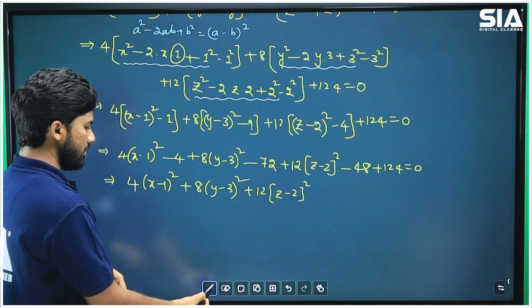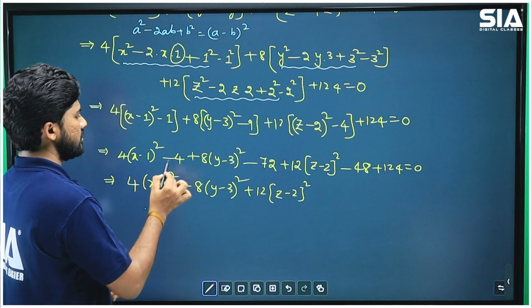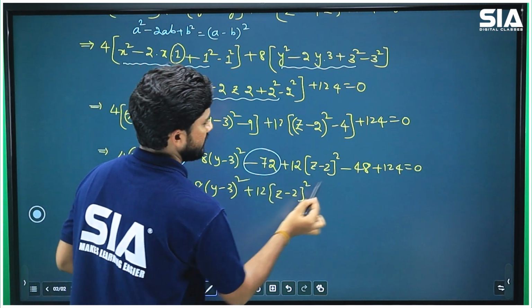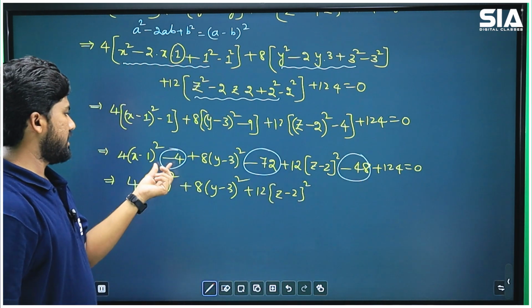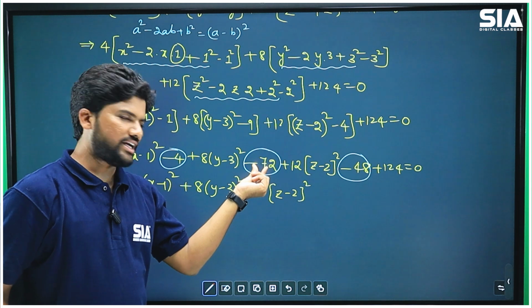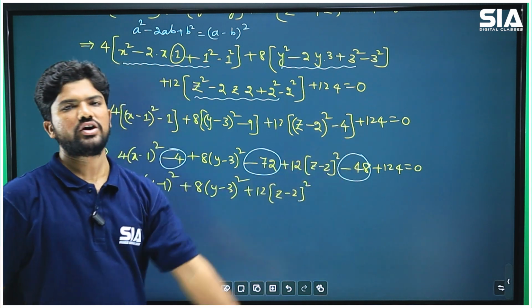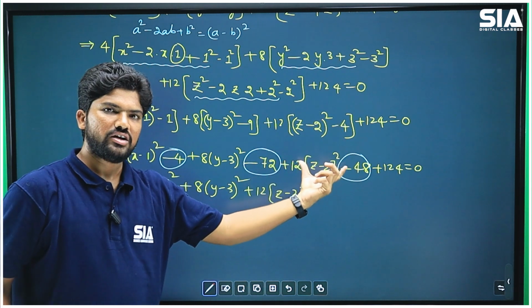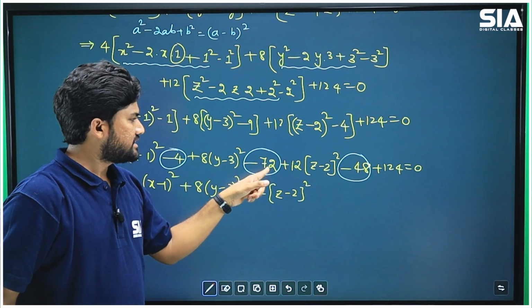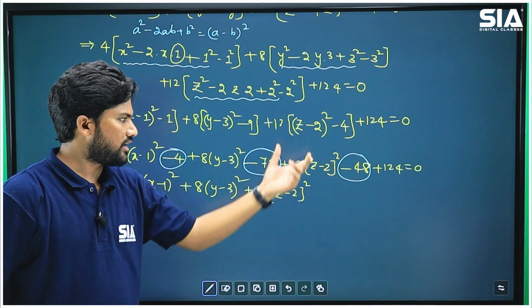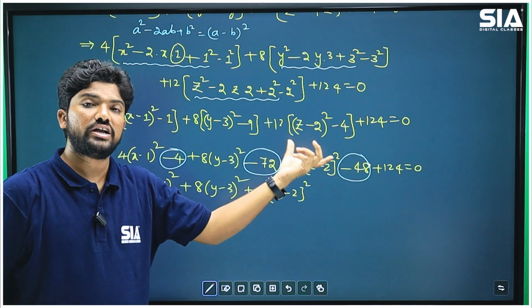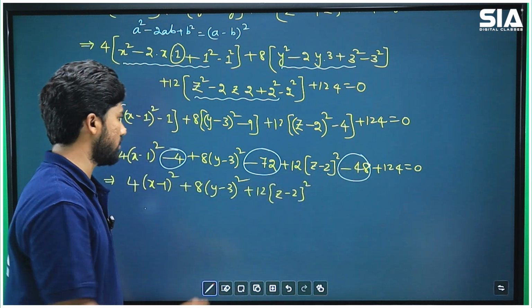See how many constants are there, just add them up. Minus 4 minus 72 minus 48: minus 4 minus 72 is minus 76, minus 76 minus 48 is minus 124. Then plus 124.